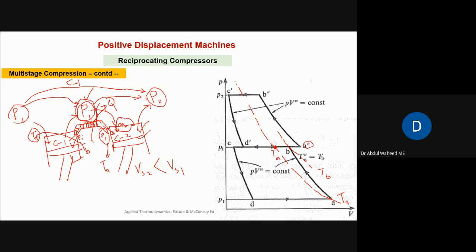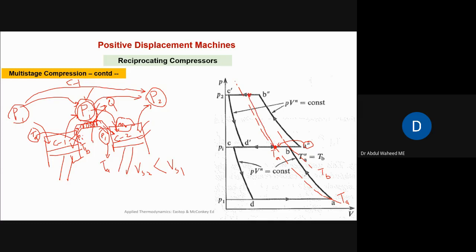So this point A double dash is shifted here because of cooling process. Because the cooling करती क्या है? Cooling की वजह से आपका volume further reduce हो जाता है, right? So volume is further reduced. So this point A double dash will shift to this point. Now there will be compression from this point onwards.